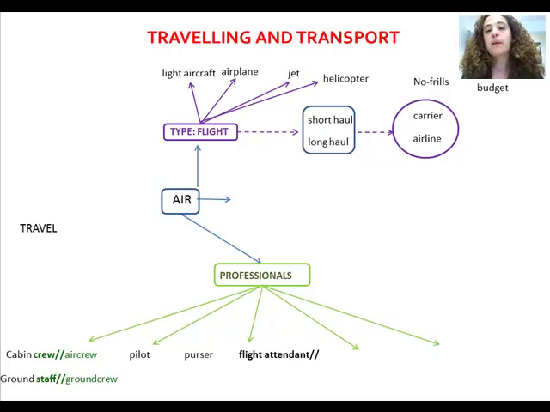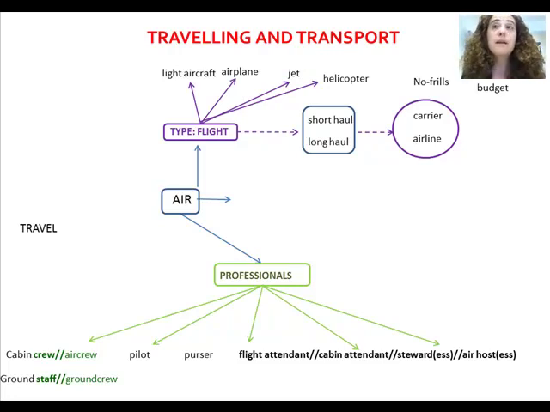As cabin crew, we can mention, for example, a pilot, a purser, or a flight attendant, which can also be called cabin attendant, steward or stewardess, and air host or air hostess. So they have many names, but refer to the same job. That's why I've lined them up on the same line and not separated them as different concepts. They're just different vocabulary terms, but not different concepts.